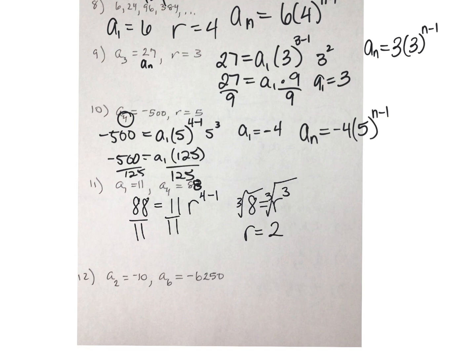It could be either, given the information you have. If you knew one of the terms in between, if you knew a3, whether that was positive or negative, then that would tell you. But you don't know. Okay, so my rule is an equals 11, my a1, times 2 to the n minus 1 power.